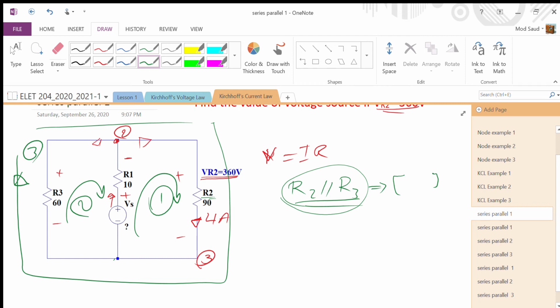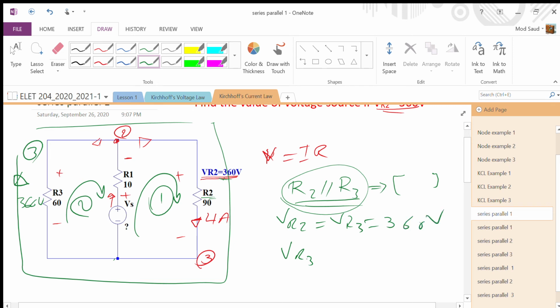Now, at the same time, they have the same voltage. So VR2 equals VR3. We know it is given to us, VR2 is 360. So VR3 is 360.